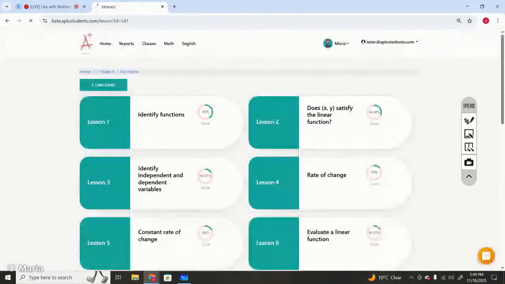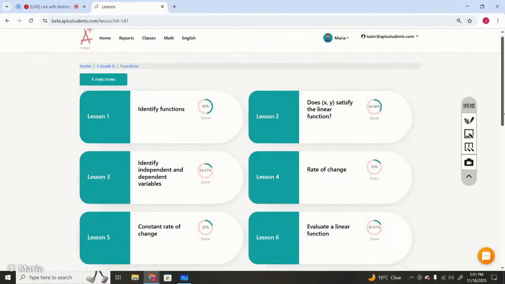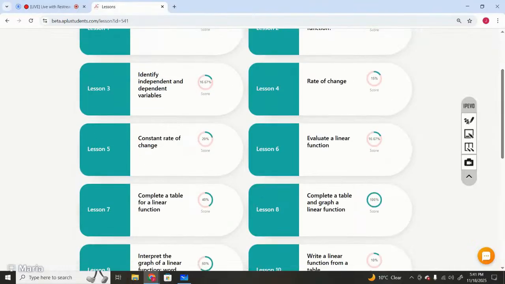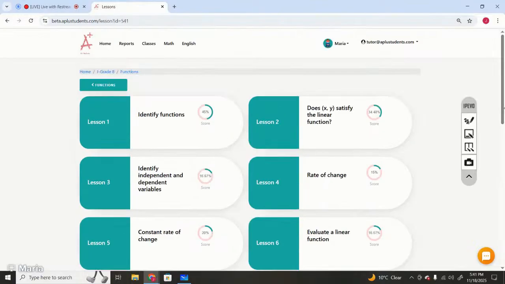The lessons we have covered today are constant rate of change, evaluate a linear function, complete a table for a linear function, and complete a table and graph a linear function. So please make sure you complete all the practice questions for the listed lessons. That is your homework until the next session.